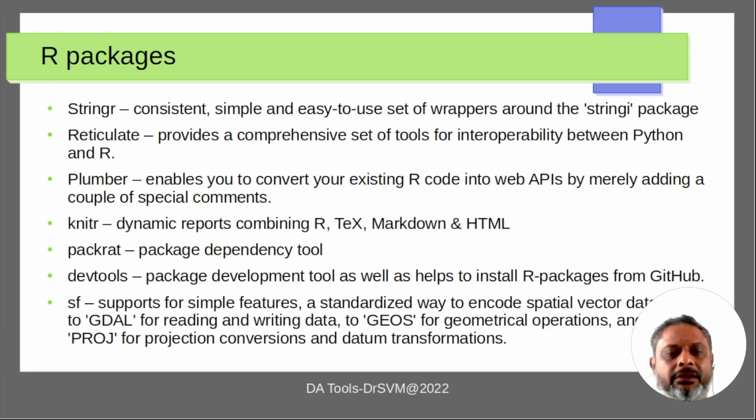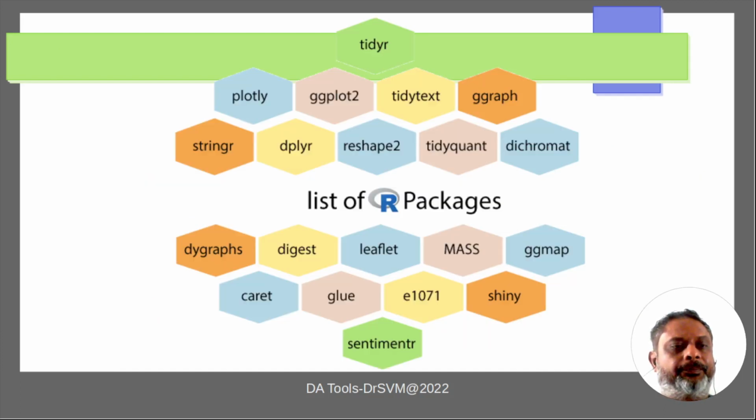So when you are into a big task, it is better to keep creating the reports dynamically, and there Markdown will come to our aid, and knitr will be a wonderful tool in generating HTML files, so you can directly put it onto the web.